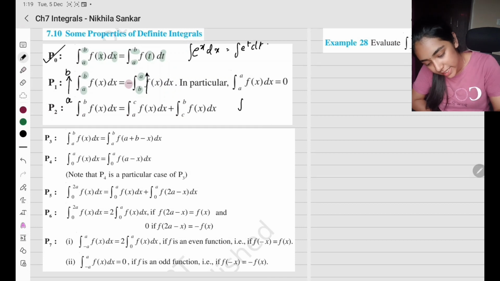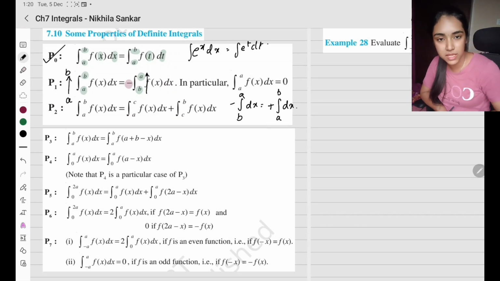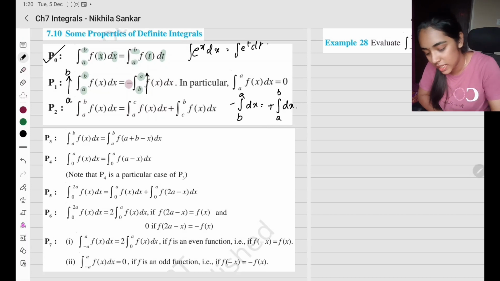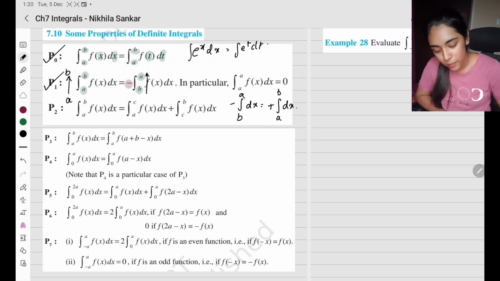I had the integral of minus b to a of some dx. To get rid of the minus, I put a plus, and my integral from b to a now becomes a to b times dx. Understood? So to make a minus into a plus, interchange the upper limit and the lower limit. Simple. Property 1 is done.